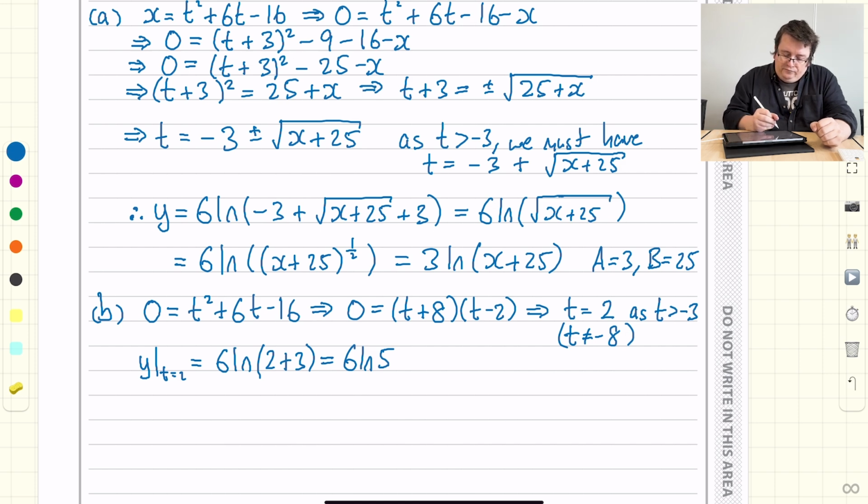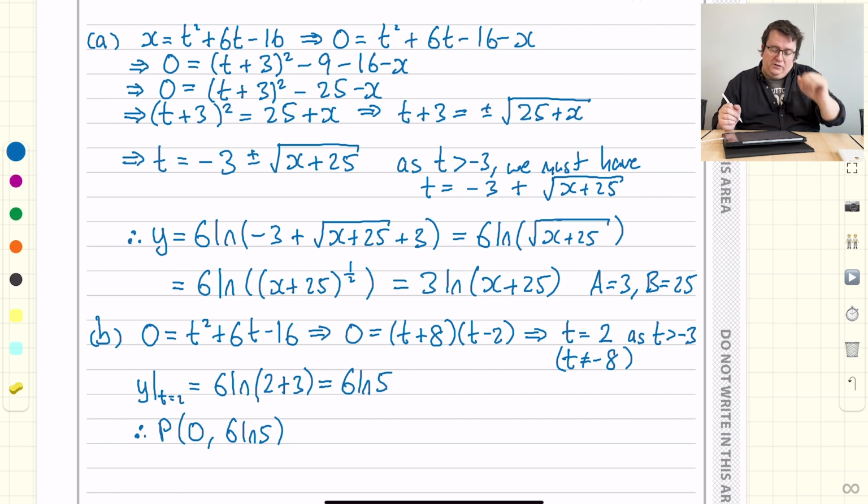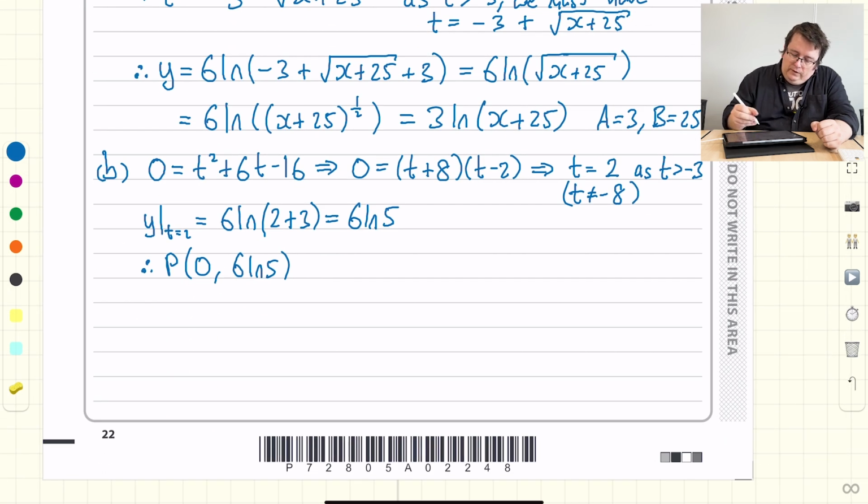So we now have the coordinates of P. So therefore, P has the coordinates 0, 6 log 5. Now, we're looking for the equation of the tangent, so we're going to have to find dy by dx. So dy by dx is dy by dt over dx by dt.